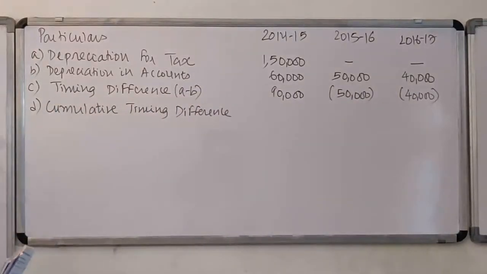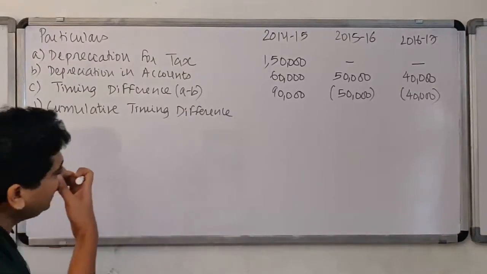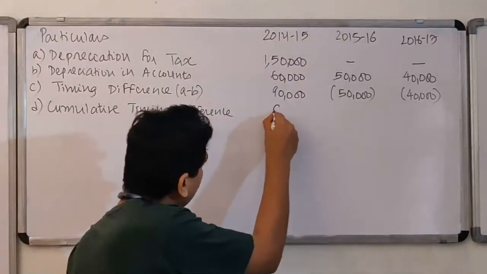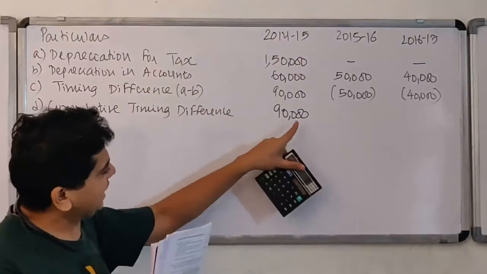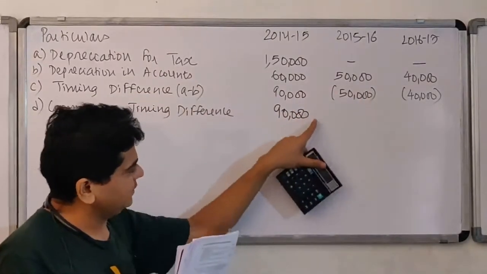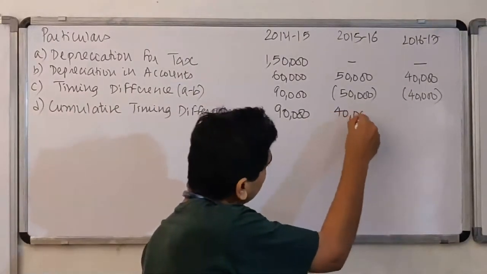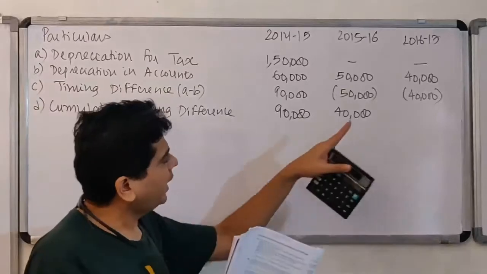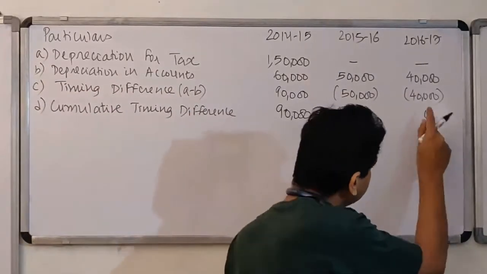That is how the totaling will be done. So cumulative timing differences: here I say 90. Now I will say 90 plus this particular figure, so it turns out to be 40. And to 40 I will add this figure, so it turns out to be 0.